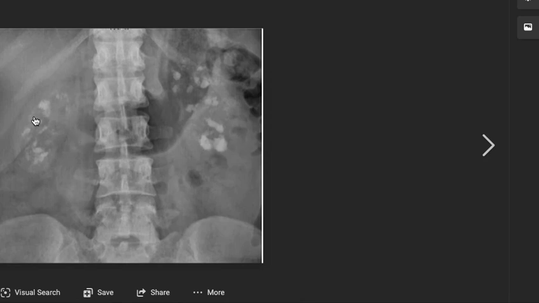See, too much whitish area. This is basically calcification. Calcified structures are often seen on the abdominal X-ray, and calcification could be due to gallstones, could be due to renal calculi. See, this is the kidney, and you can see multiple calcifications. Okay, calcification could be due to lymph node calcifications and things like this. Okay, so they are the ones which can be seen.